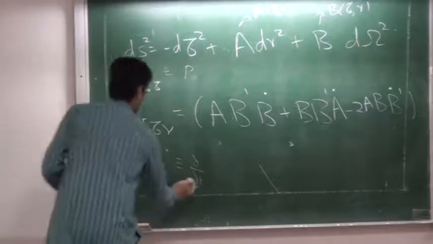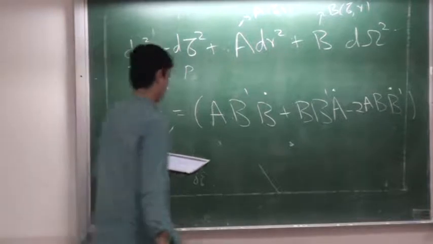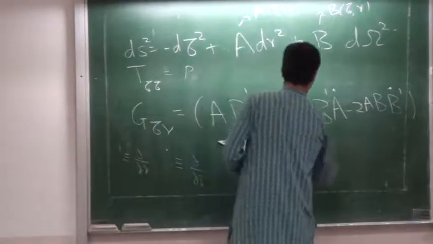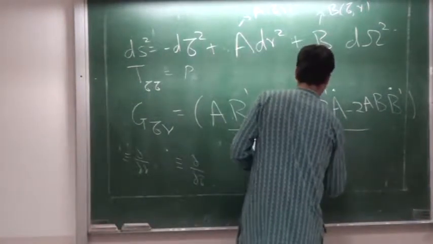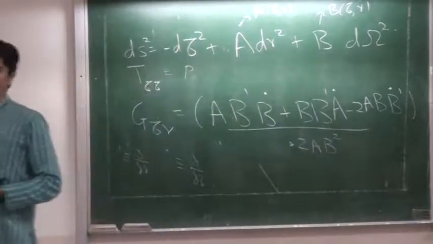Sorry, I have missed some factors. So this is G tau R, which you can work out.